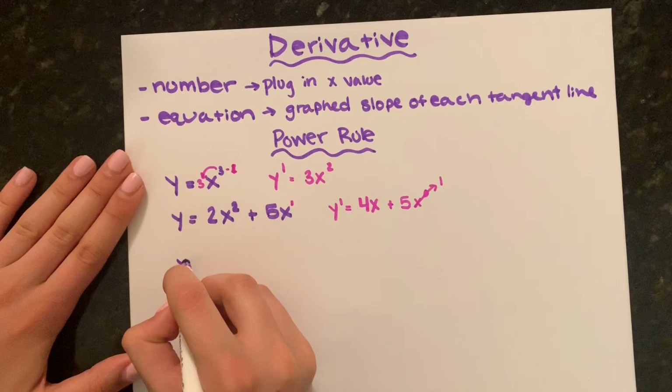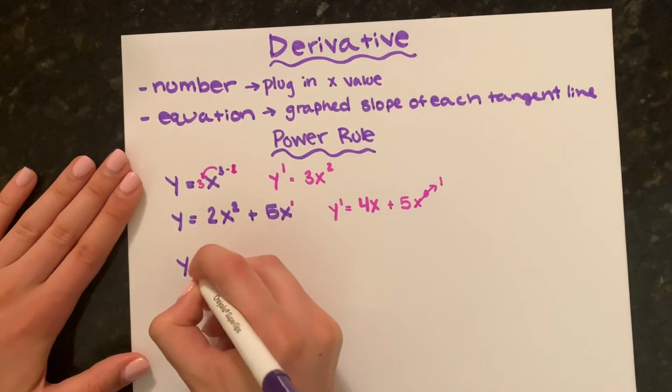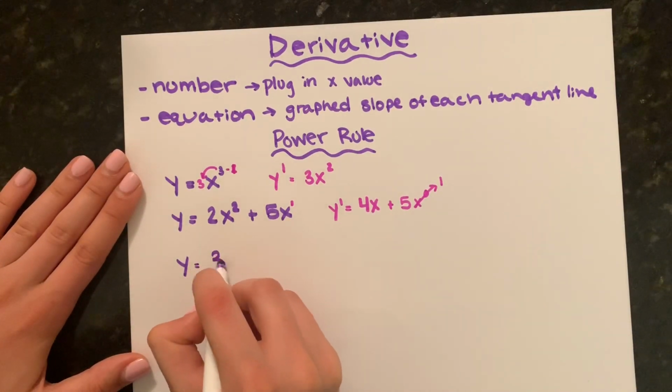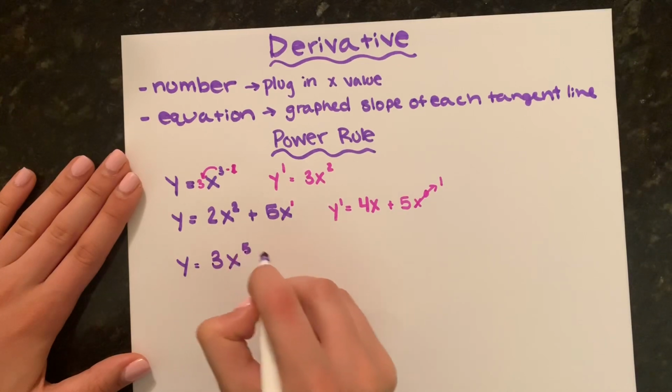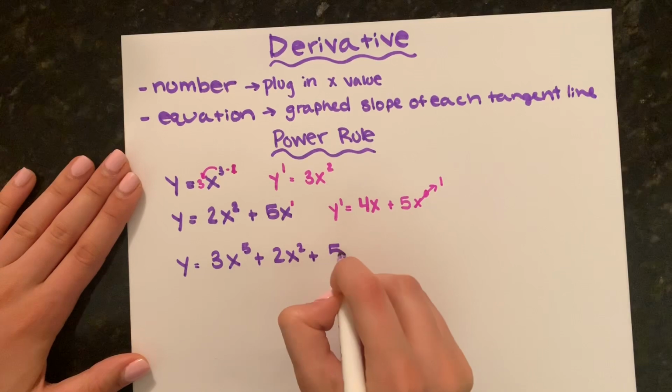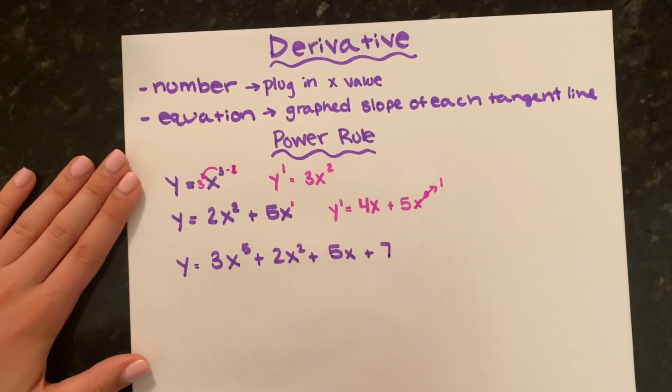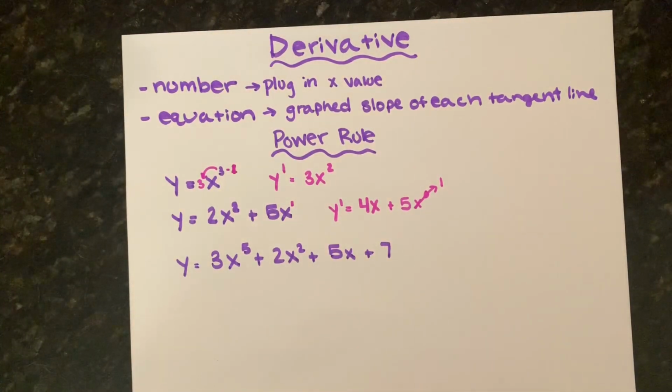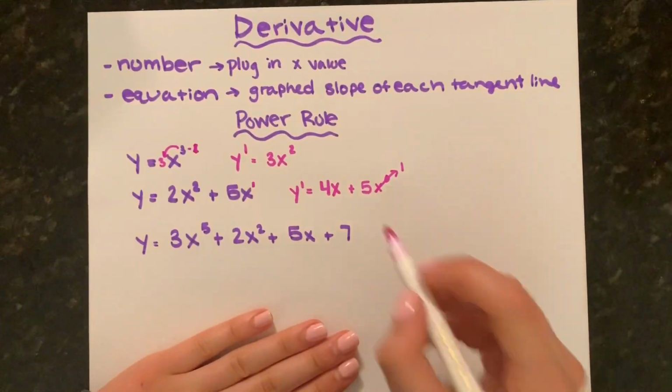Here I'm going to write out me taking the derivative of a longer polynomial, and then I will explain what to do when we run into a little bit of a problem at the end. So as you can see, I'm continuing the power rule.